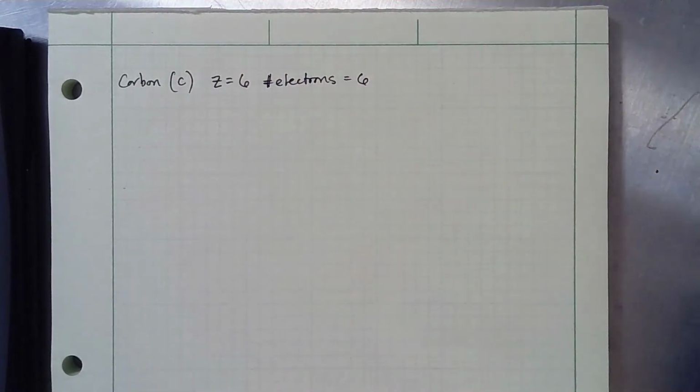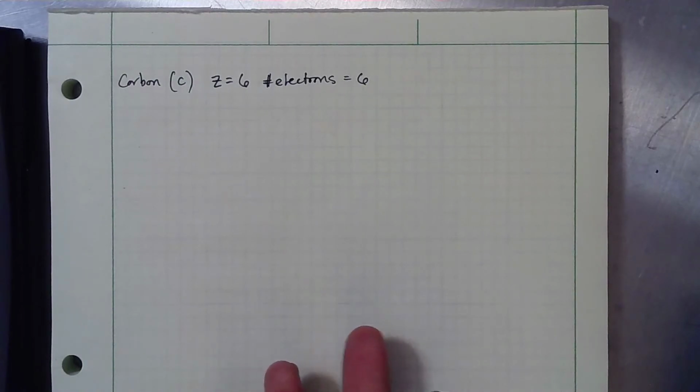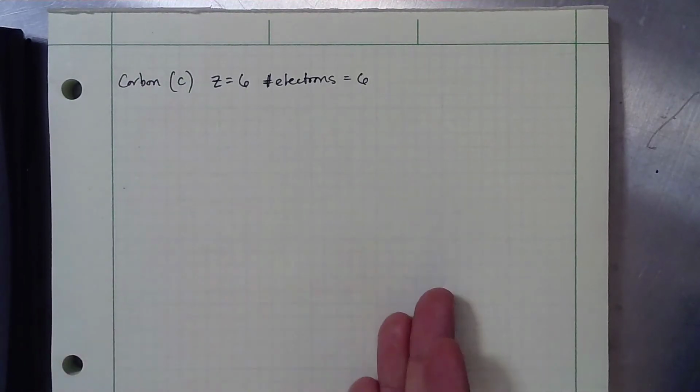6 electrons. Okay, and we need to draw the orbital diagram to illustrate the electron configuration. Well, the first thing we should do is come up with the standard notation electron configuration. That's going to help us when we draw the boxes.